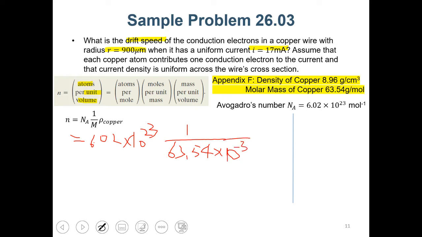And then we multiply it by mass per unit volume, which is 8.96 times 10 to the third power, because we need to convert it to meter cube and kilogram.